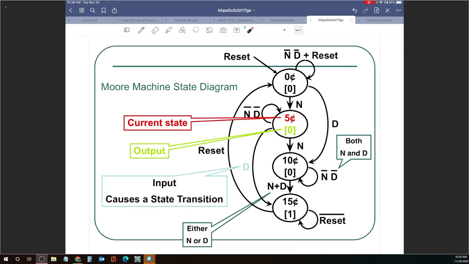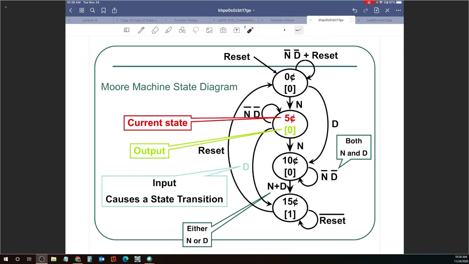Those are inputs that cause a transition from one state to the other, indicated by the arrows or the arcs. N or D simply means either nickel or dime would result in a transition from 10 cents to 15 cents. And N complement and D complement means you're not giving a nickel and you're not giving a dime.